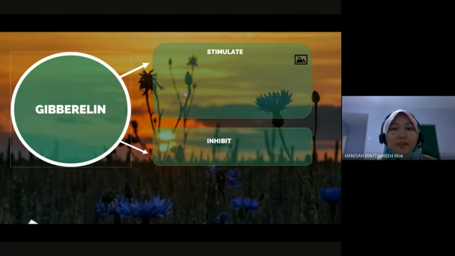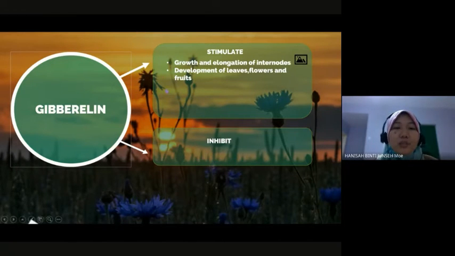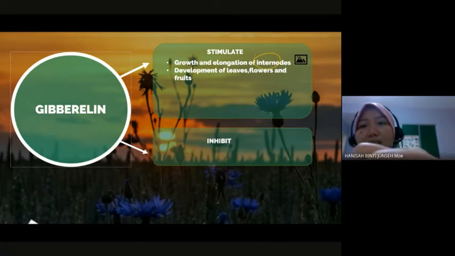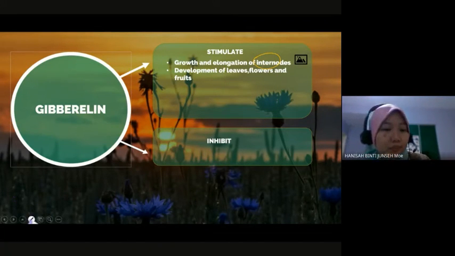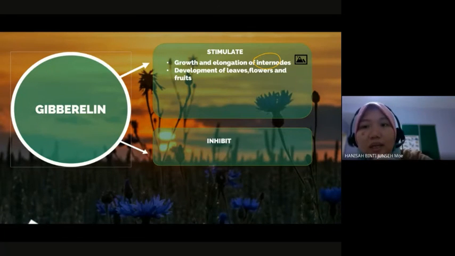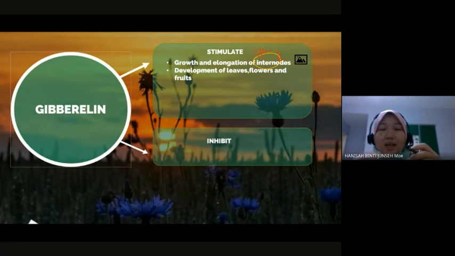All right. So let's look. Here, gibberellin is to stimulate the growth and elongation of internodes. What is internodes? Internodes, generally I call it a stem. But when we look, actually there's a section there that we call internodes.